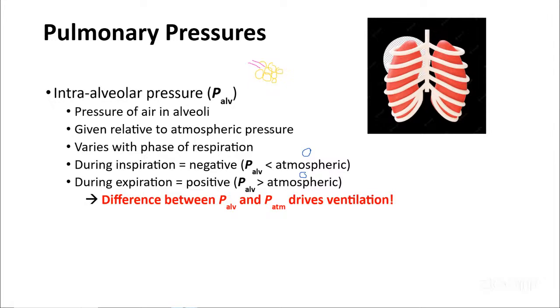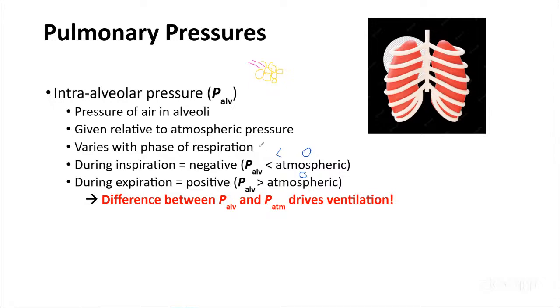This means it's going to be super easy to tell whether we are in the inspiration phase or the expiration phase, because if we're breathing in, we're pulling air in. All we're doing is comparing atmospheric pressure to pressure inside the alveoli.